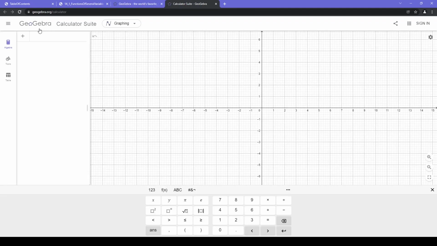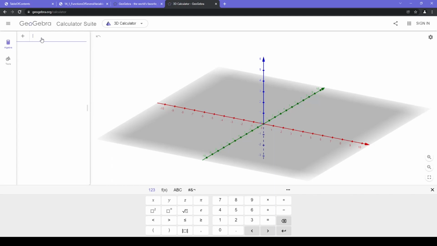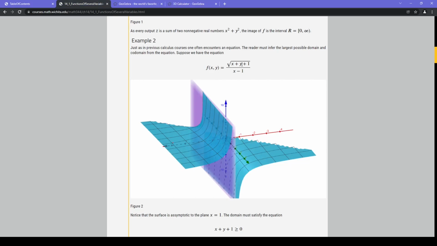Okay? This is a website called GeoGebra, and what it is pretty good at is doing graphs. It has some built-in capabilities to allow you to do three-dimensional graphs. So the function that showed up here is the square root of x plus y plus 1 over x minus 1.